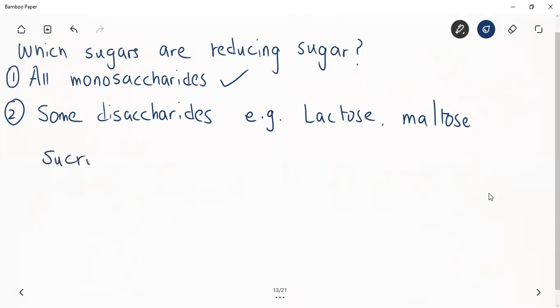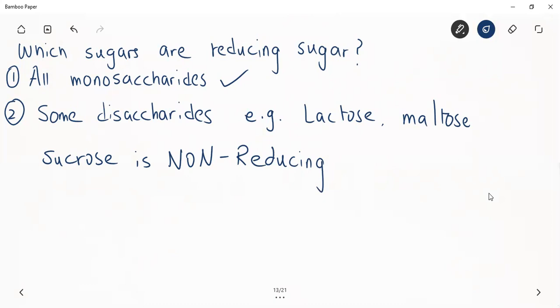Sucrose is non-reducing. You have to remember this. So all monosaccharides are reducing sugars. Some disaccharides are reducing, for example, lactose and maltose, and sucrose is non-reducing. And of course, polysaccharides are also non-reducing.